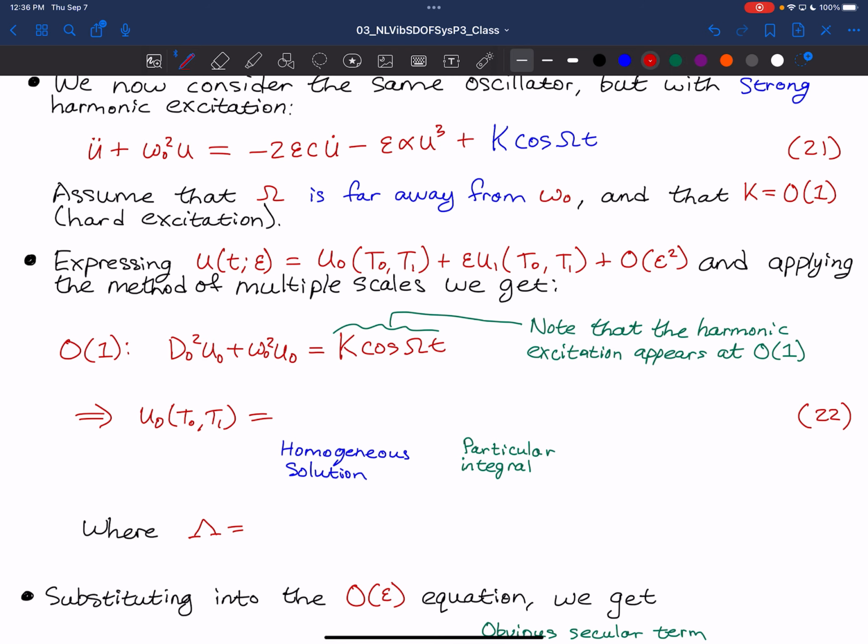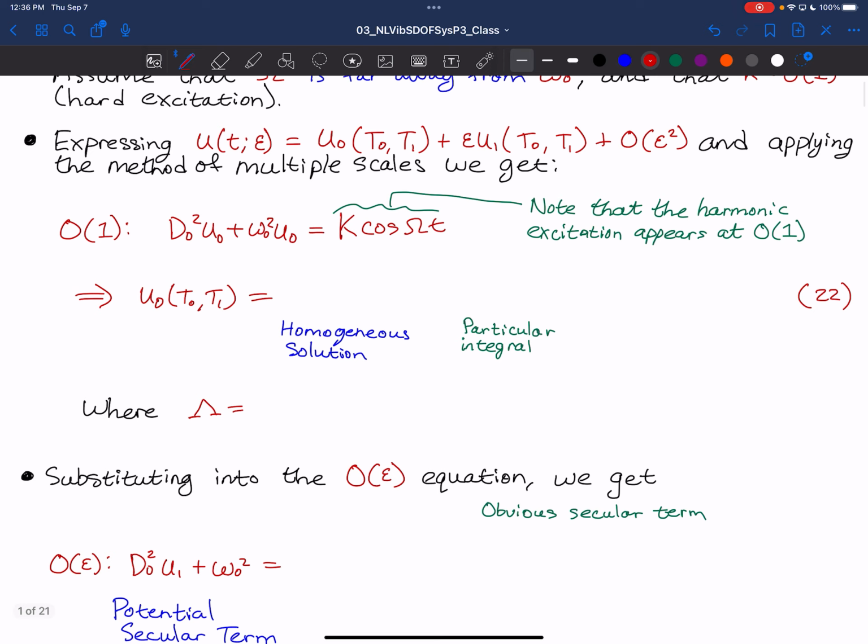Okay, so we can solve this order 1 equation, and we'll find that u0 is equal to a of T1 times e to the j omega 0 t0 plus lambda times e to the j capital omega t0 plus complex conjugate terms.